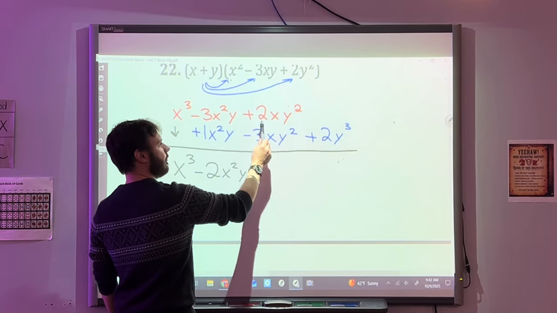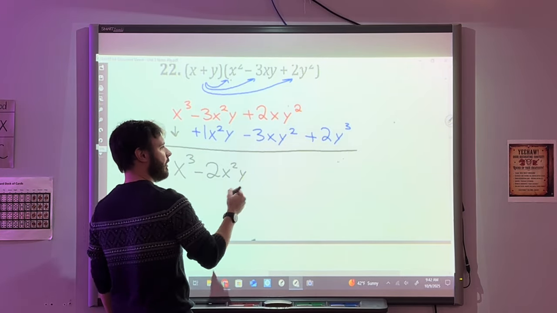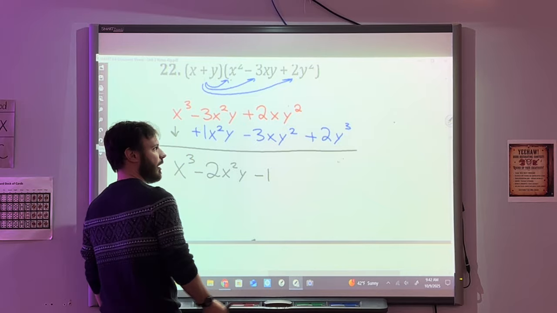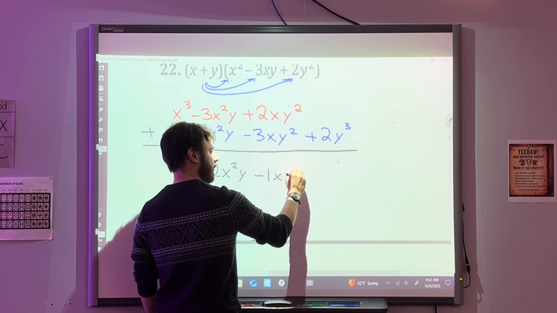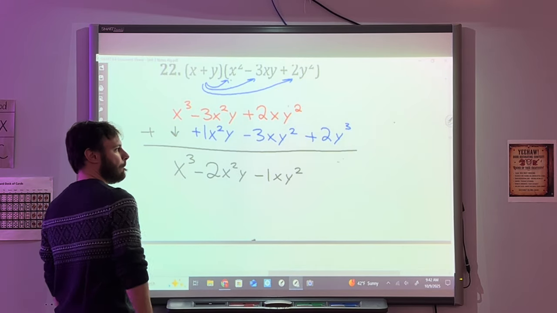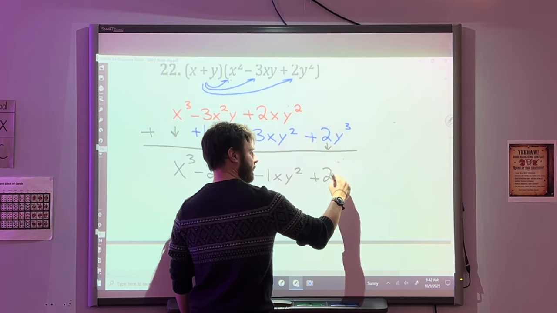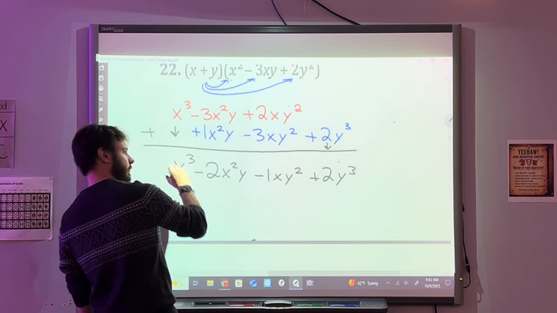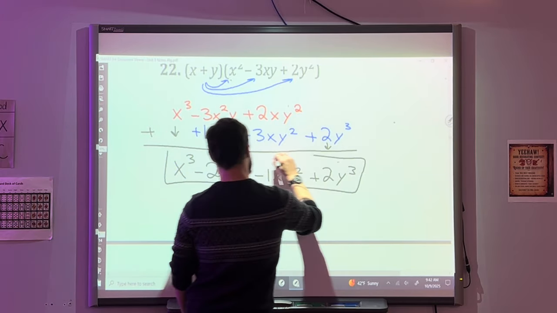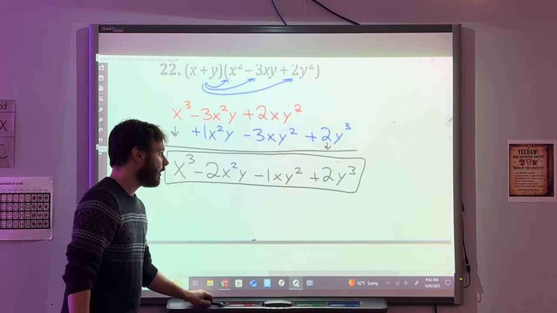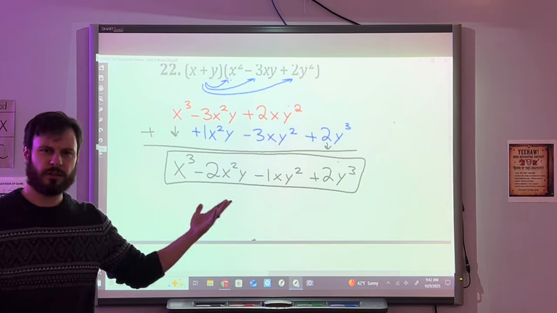Ignore all this stuff. You have +2 minus 3, that's -1, and then the exponents will just go along with it. And then this is the only kind of that. All set. Isn't this stuff good? This stuff is fun.